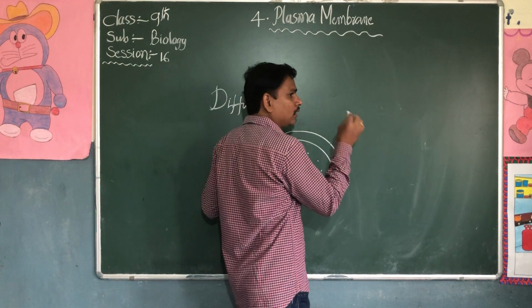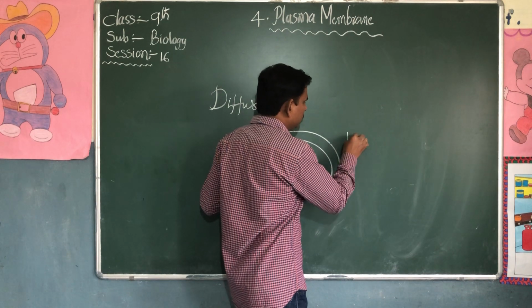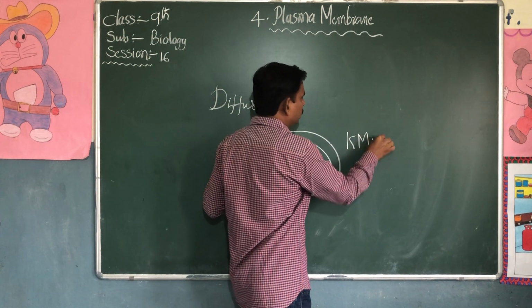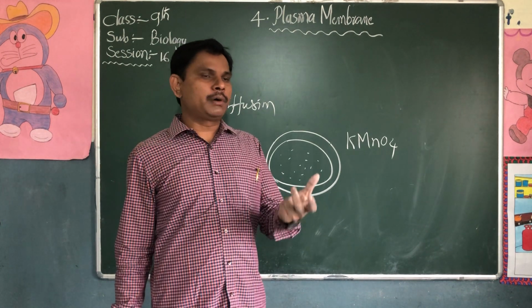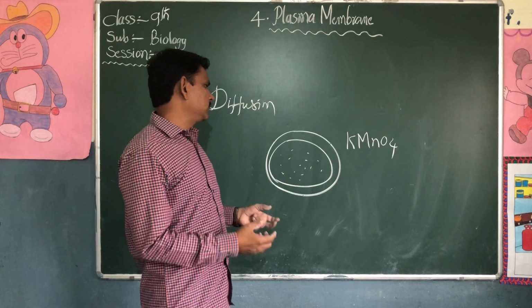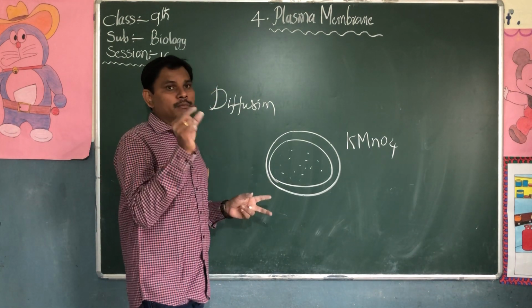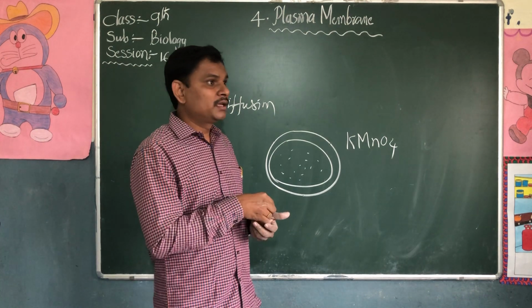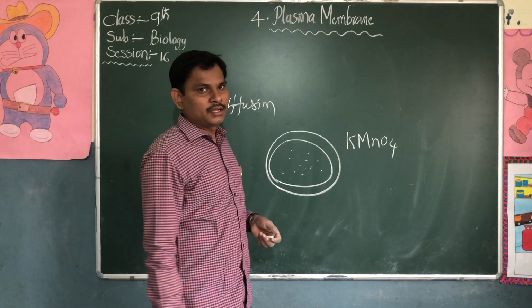Now take a powder of KMnO4, potassium permanganate. Keep the powder in the center of the water.